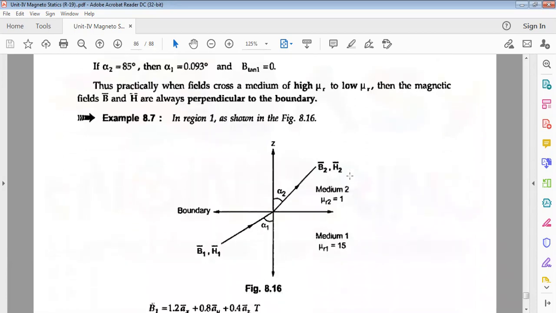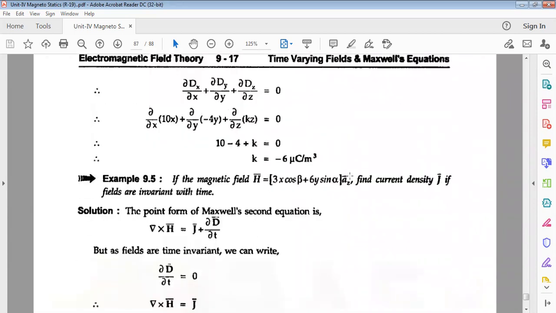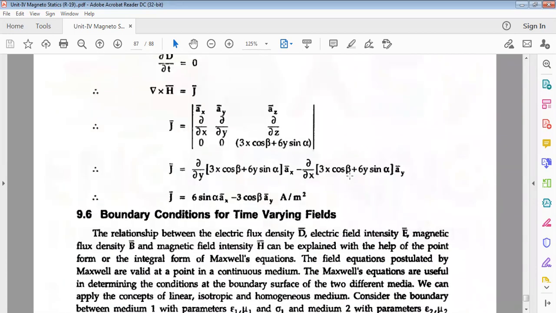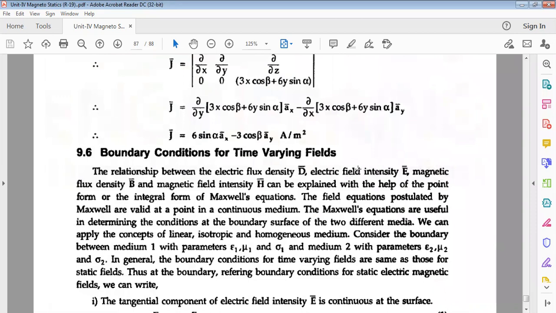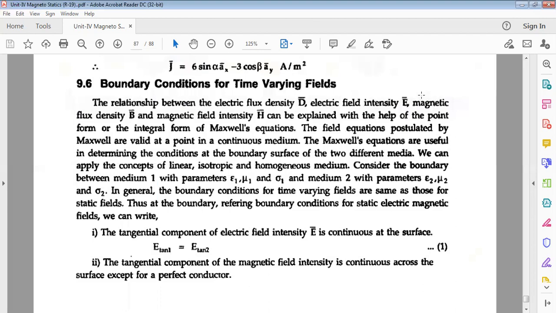So with this completion of the boundary conditions for the magnetic and electric fields, we go to the conclusion of all the boundary conditions for the time varying fields, both electric and magnetic. The relation between electric flux density and electric field intensity, and magnetic flux density and magnetic field intensity, can be explained with the help of the point form or the integral form of Maxwell's equations.